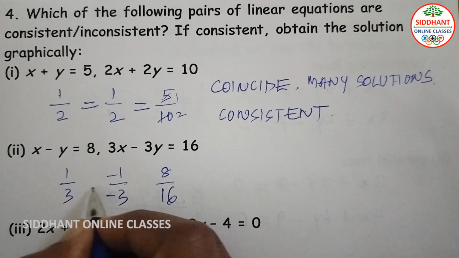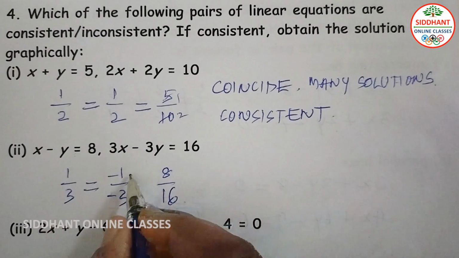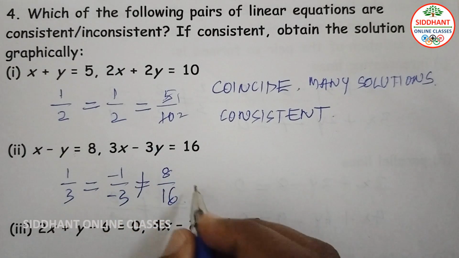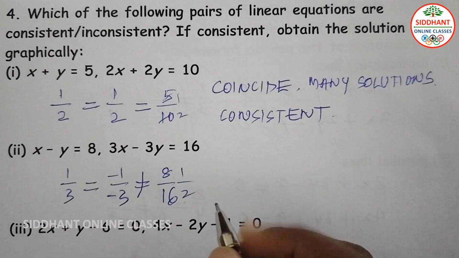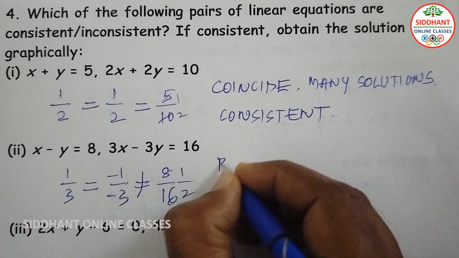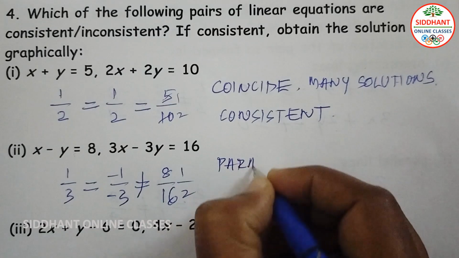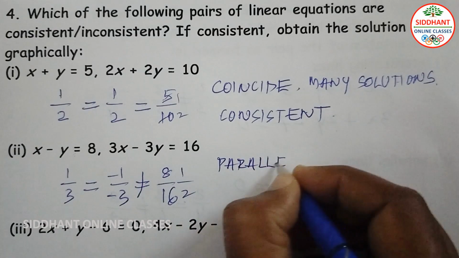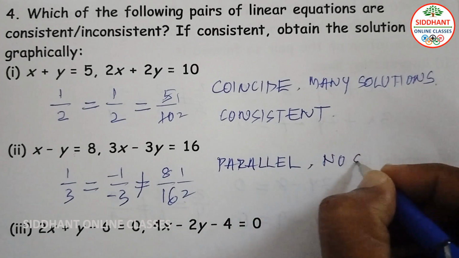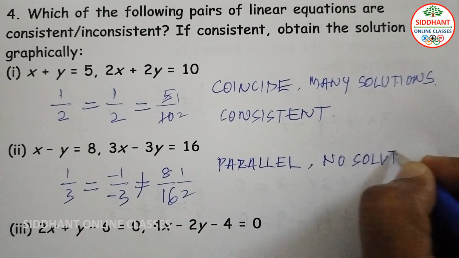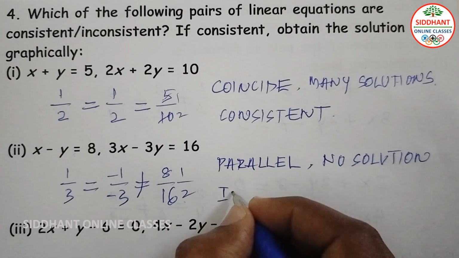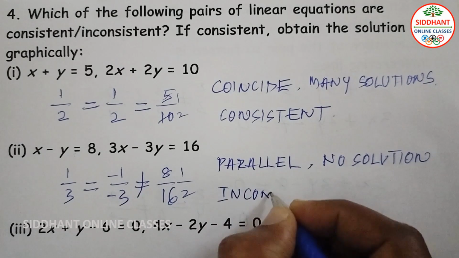So a1 by a2 is equal to b1 by b2, which is not equal to c1 by c2. So we can say the two lines are parallel to each other, there is no solution, and the two equations are inconsistent.